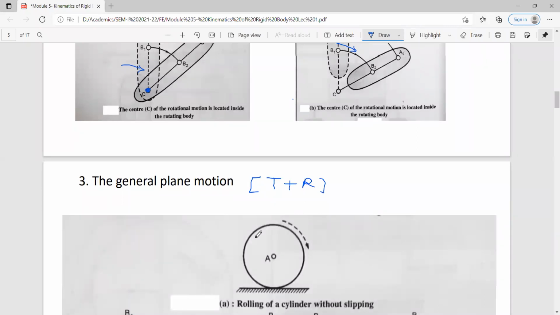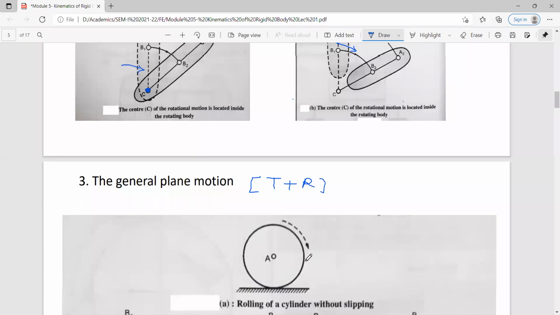So this is a cylinder. It has one more dimension, length, which is not visible to you. This cylinder, or you can say coin, is rolling on the surface.